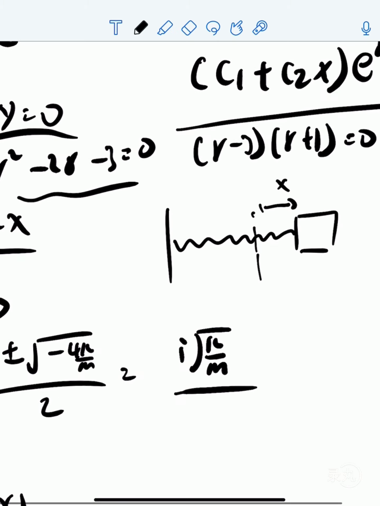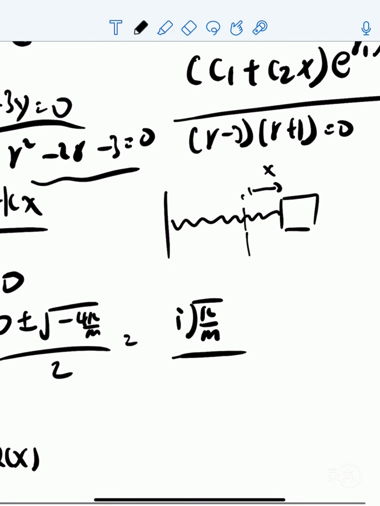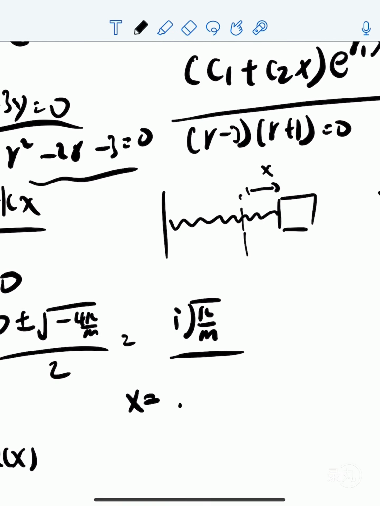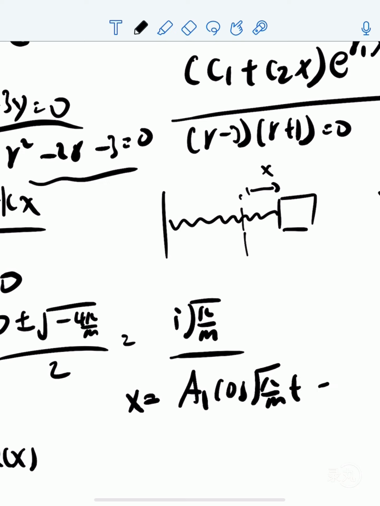And for this, we have the solution x is equal to a1 cosine(√(km) t) and a2 sine(√(km) t).